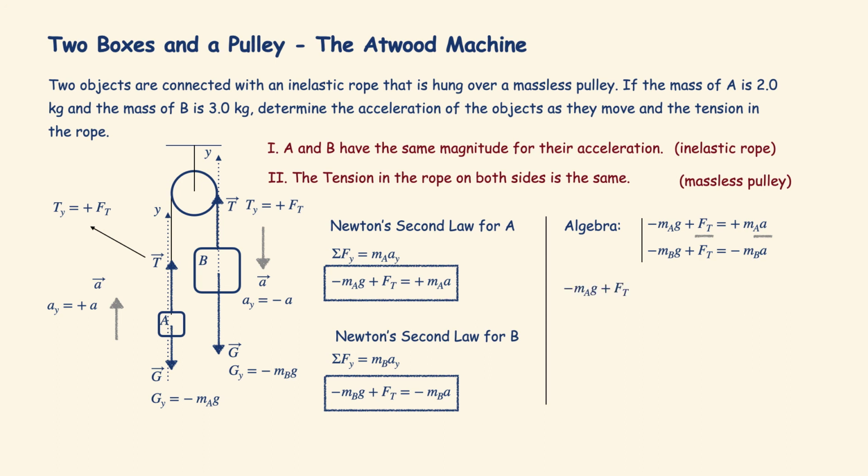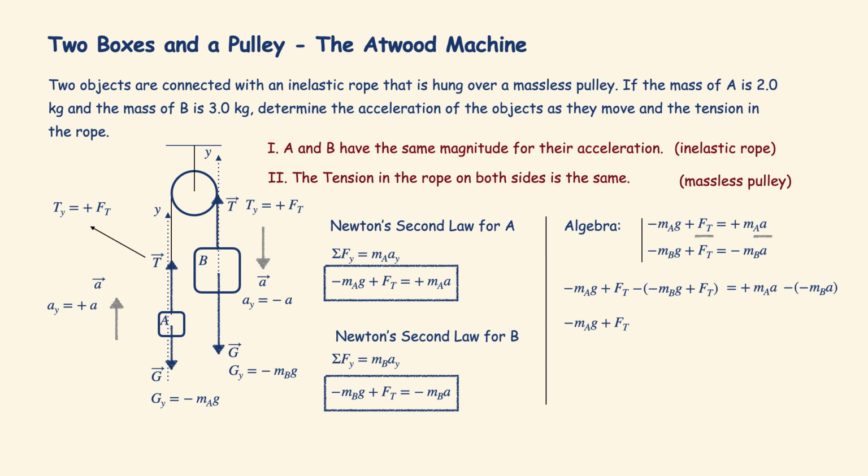And so to that end, I'm going to take the left-hand side of the first equation and subtract from it the left-hand side of the second equation. And that has to be equal to the right-hand side of the first equation minus the right-hand side of the second equation. Let me show you what happens. I'm going to open the parentheses here.